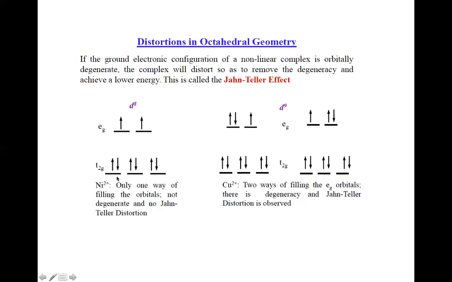For example, consider an octahedral complex of Ni2+ ion, which has a d8 configuration. In that complex, we have 8 electrons in the d orbitals: 1, 2, 3, 4, 5, 6, 7, 8. Now we can see that the t2g set of orbitals is fully filled, so it is symmetric.